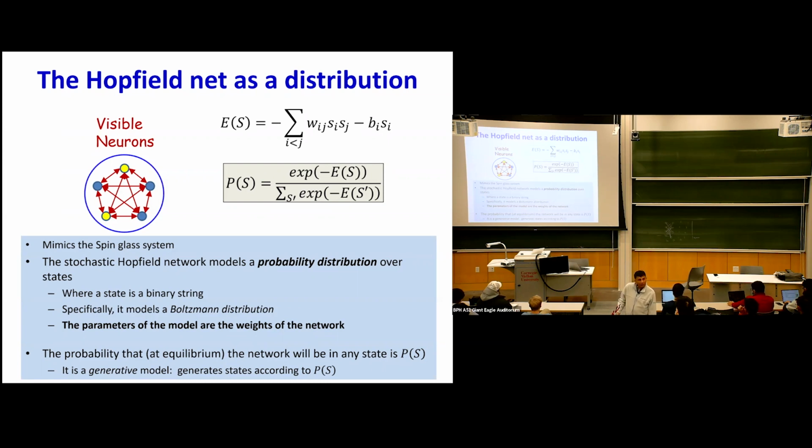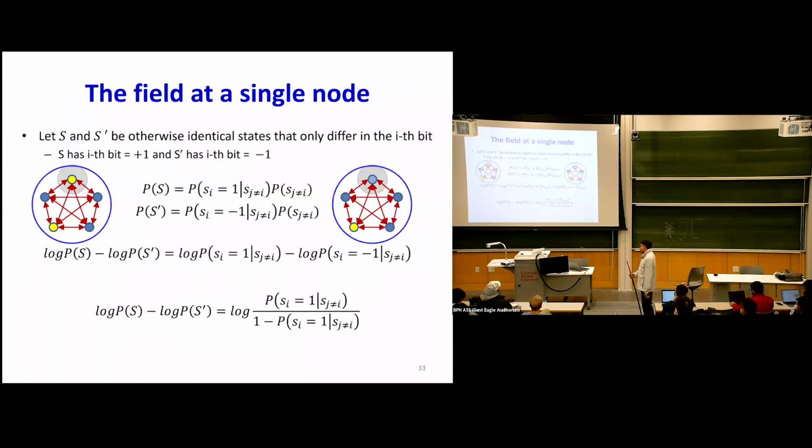But then if I want to convert this network into this kind of a probabilistic system, I need some mechanism to make sure that it follows the same kind of dynamics that the spin glass does, right? And so to see how we could do that, we considered the difference between the log probabilities of two states which only differed in 1 bit.